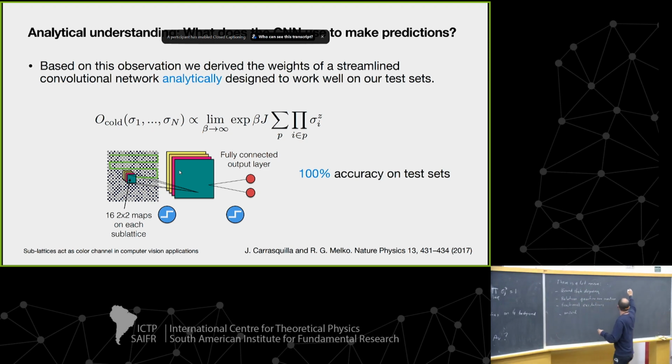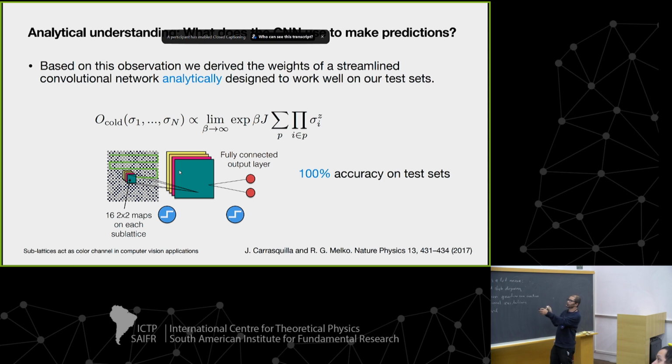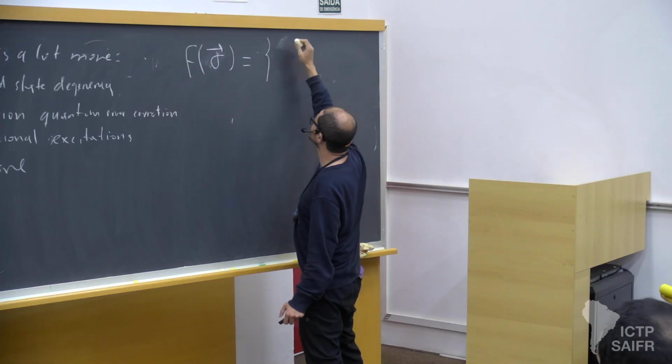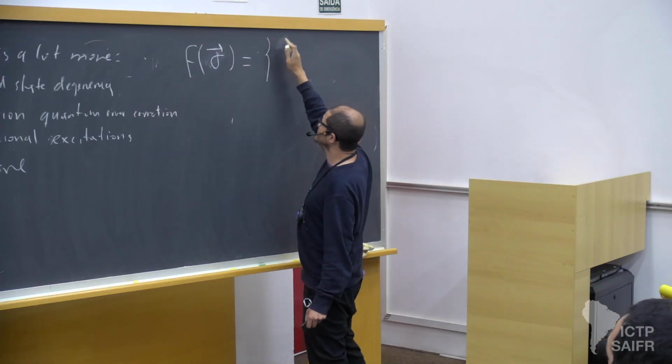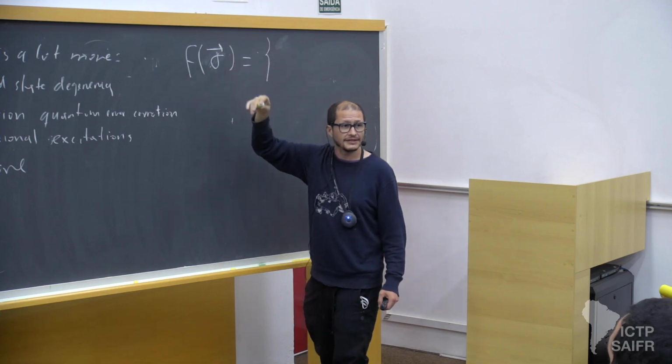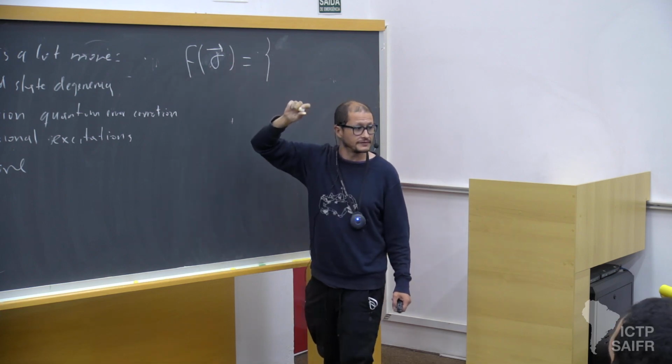For each configuration that you input, you get two numbers, this one and this one. Depending on your input configuration, the function will output two different numbers. We call them the cold neuron and the warm neuron, okay?